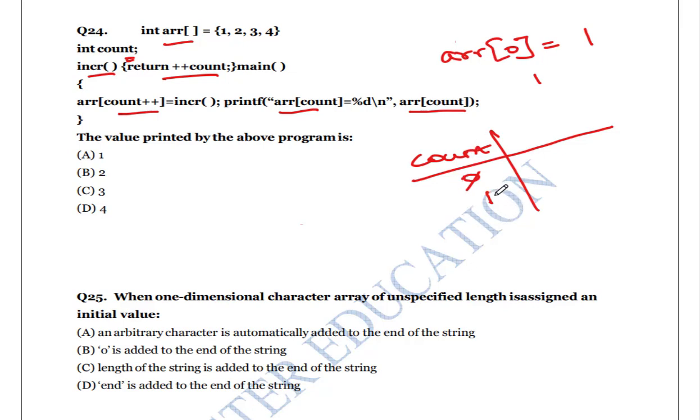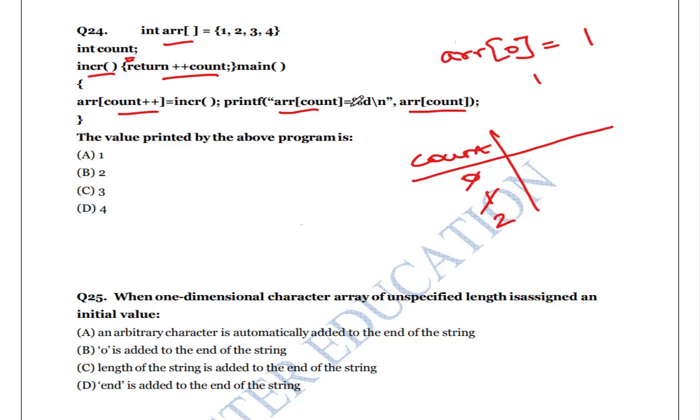So what is the value of count now? So we have to observe the count value. Here it is incremented one time, okay, 1, and then it is incremented here also, 2 times, okay. So 1 and 2, so 2 times incremented. Now the count variable value is 2.